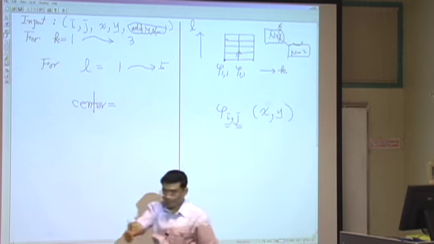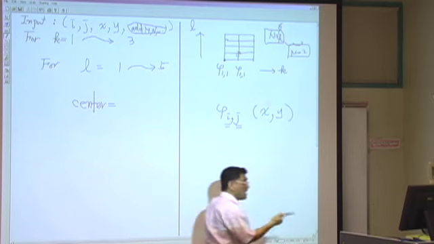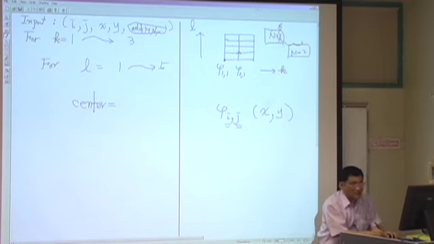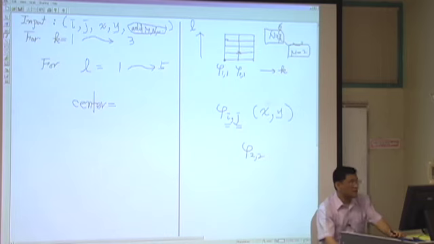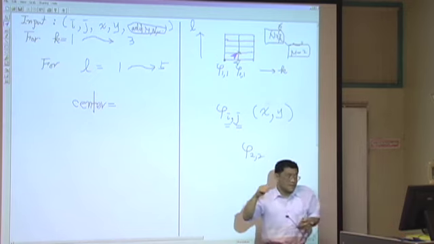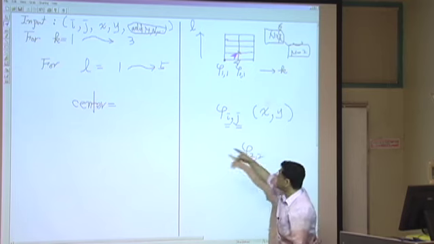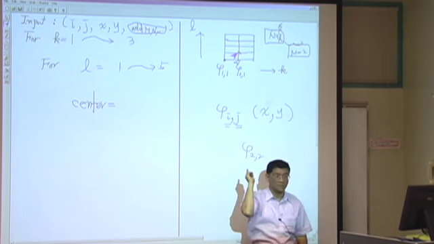Then it depends on M and N. For instance, what is phi 2, 2? Phi 2, 2 is the one having 1 here, and then 0, 0, 0 at surrounding points, right? This is phi 2, 2. So this center position depends on M and N and IJ, right? So 4 numbers are involved in the center determination.